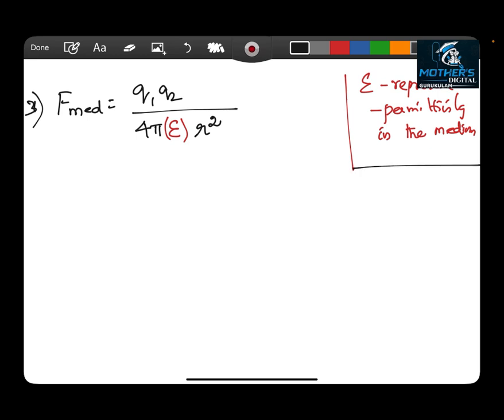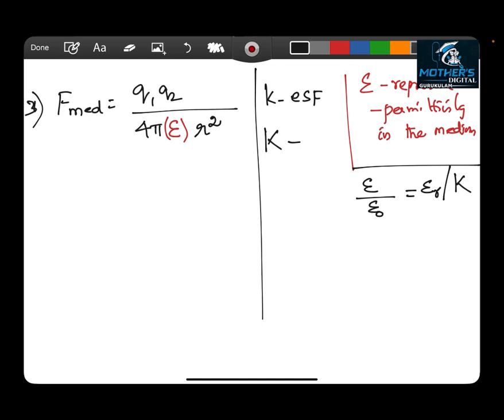We also know the relationship epsilon by epsilon naught equal to epsilon R, or it can be written as capital K. Children, make a note. Small k represents the electrostatic force constant. Capital K represents the dielectric constant. The other name for it is relative permittivity.